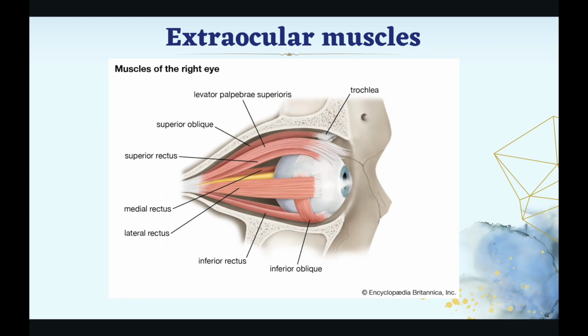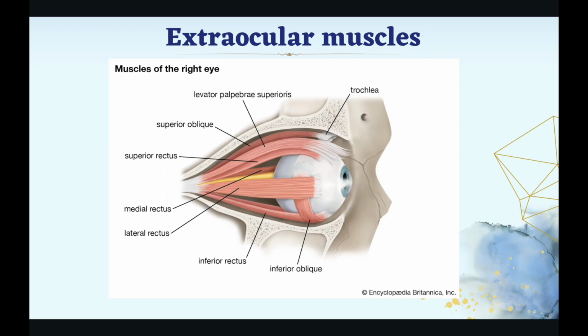Superior rectus arises from the upper part of the ring, the inferior rectus arises from the lower part of the ring, the medial rectus arises from the middle part of the ring, and the lateral rectus arises by two heads. One head is from the lateral part of the ring, and the other from the greater wing of the sphenoid lateral to the ring. Between the two heads pass the oculomotor nerve, abducent nerve, and the nasociliary nerve.